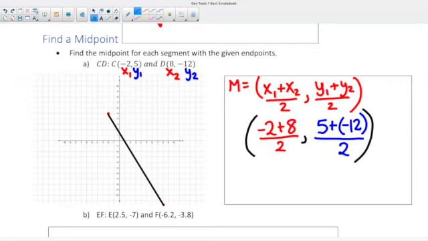You'll see that after we figure it out, we'll put it on the line. -2 plus 8 is 6. 6 divided by 2 is 3. And 5 plus -12 is -7. And -7 divided by 2 is -3.5.